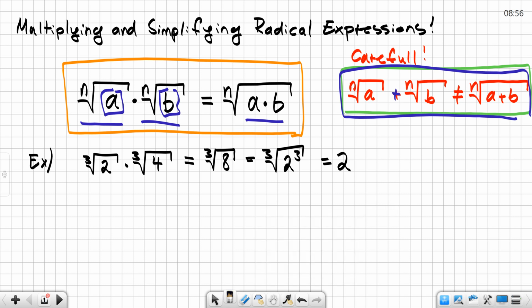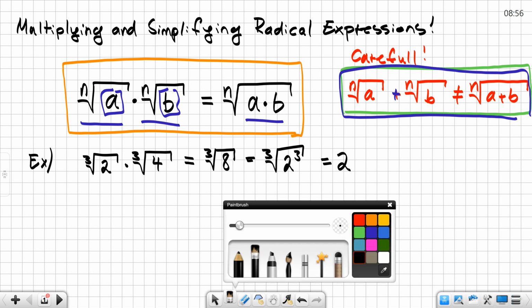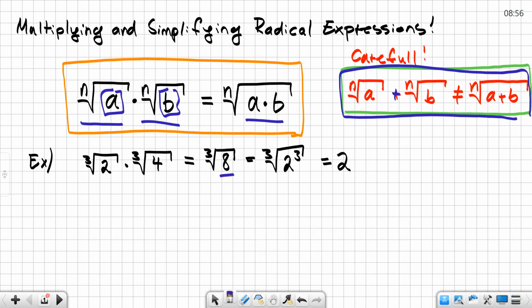If I have the cubic root out of 2 multiplied with the cubic root out of 4, then I can multiply the radicands and I will get the cubic root out of 8. 2 times 4 is 8. Now 8 is nothing else but 2 cubed.